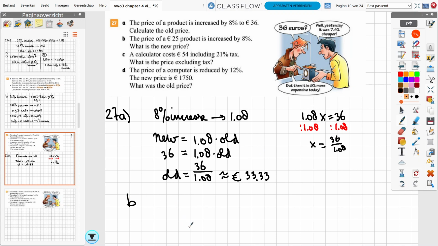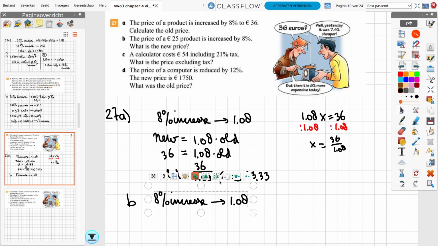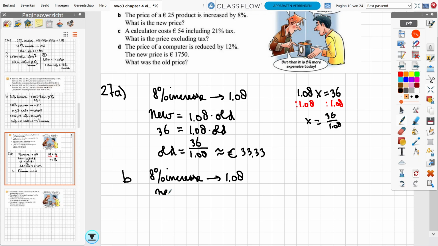The price of a 25 euro product is increased by 8%. Okay, so we still have that 8% increase, right? So we still have this factor. Let's be lazy and see if it works. Yeah, it works. Again, if you fill in the formula, we know new is 1.08 times old, only this time they give me 25 euros.